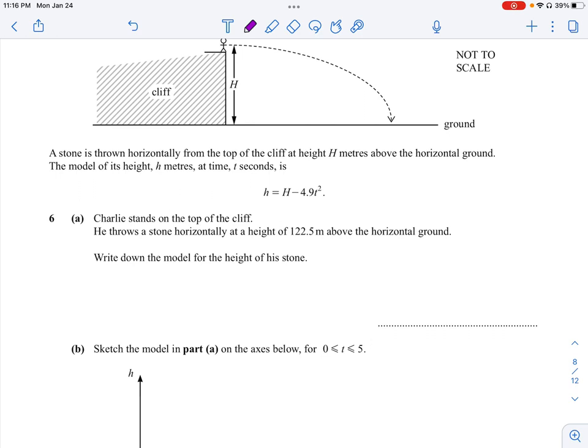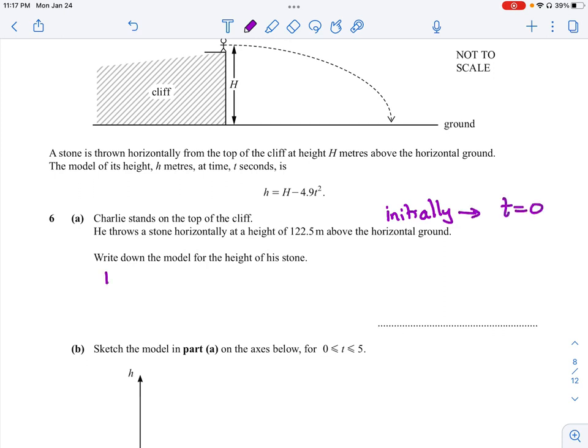Charlie stands on the top of the cliff. He throws a stone horizontally at a height of 122.5 meters above the horizontal ground. Write down the model of this, means the initial one. Initially he is standing. Initially means at t is equal to 0.